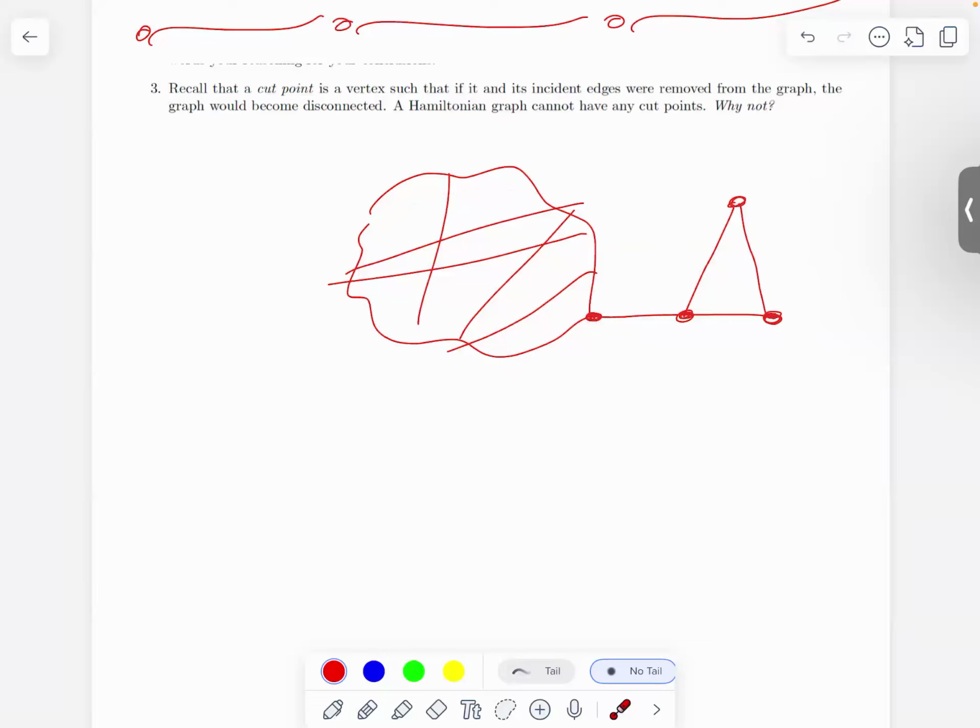If I pass through that cut vertex here and come back from here, then my graph is no longer Hamiltonian. But if there is another way of coming back from this branch or somewhere else, or I just use this cut vertex one time, then this guy is not a cut vertex anymore. So in both scenarios, you will have a contradiction.